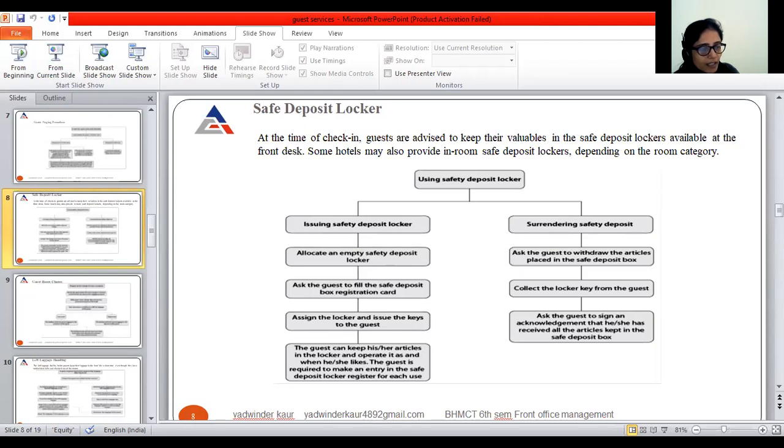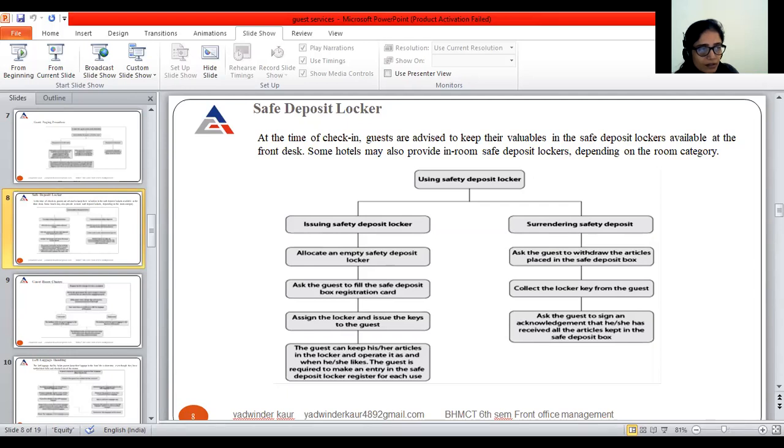The guest can keep his or her articles in the locker and operate it as and when he or she likes. The guest is required to make an entry in the safe deposit locker register for each use. Right? So we have to follow these procedures while using the safety deposit locker.